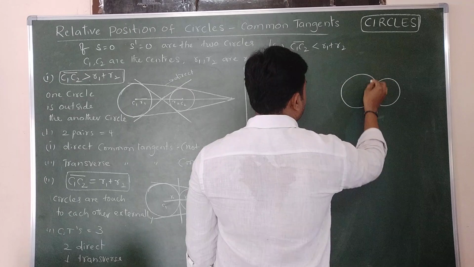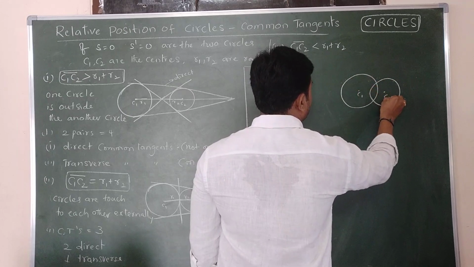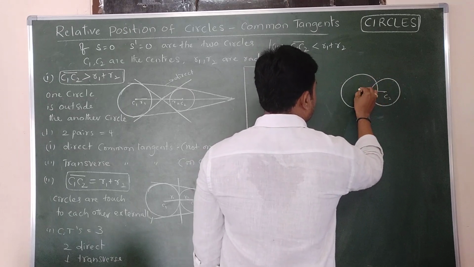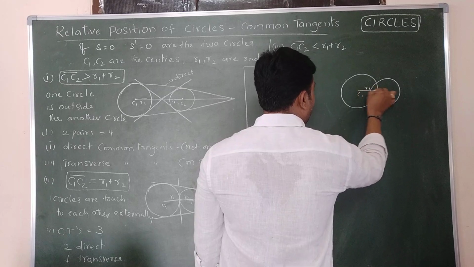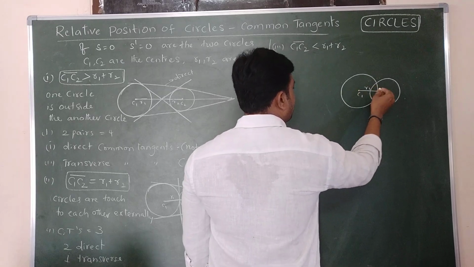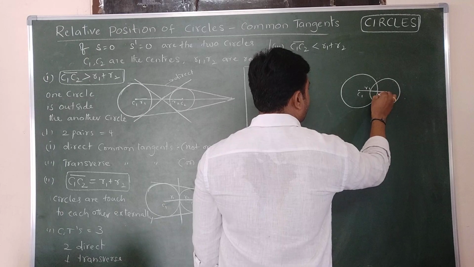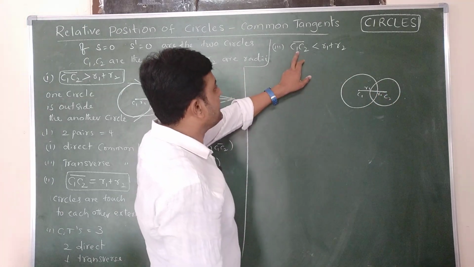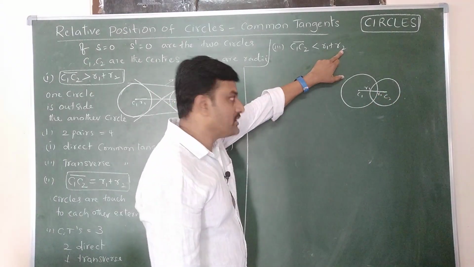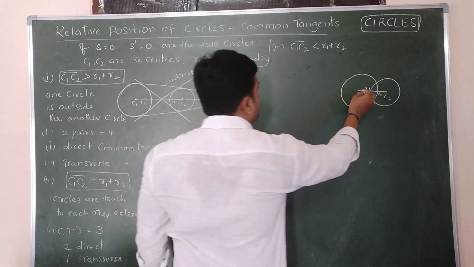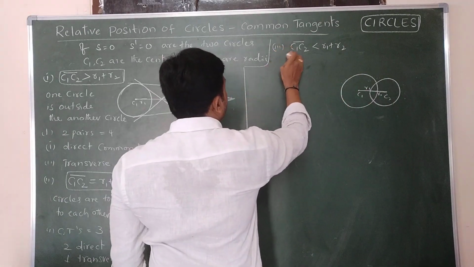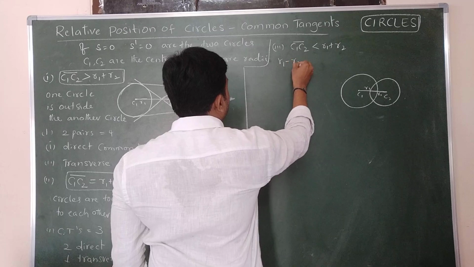From here to here is R1, and from here to here is R2, so it is definitely below R1 plus R2, and also more than R1 minus R2.